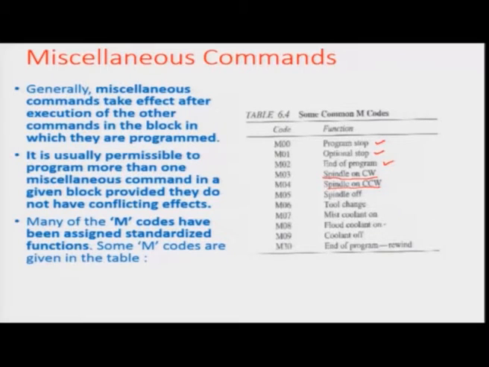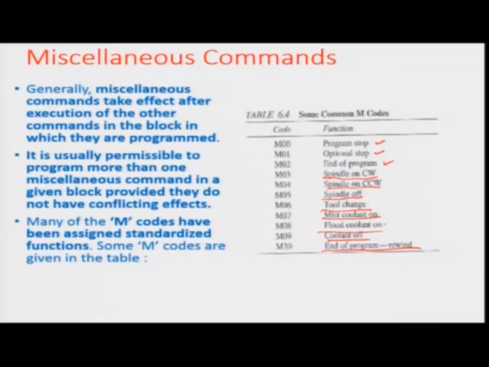You can also do spindle off, that means stop rotating the spindle, perform a tool change using M06, mist coolant on or a flood coolant on mode, or generally a coolant off mode as M07, 08, 09, so on and so forth, and then end of program rewind is M30. So, these are some different M commands or miscellaneous codes which have been characterized.